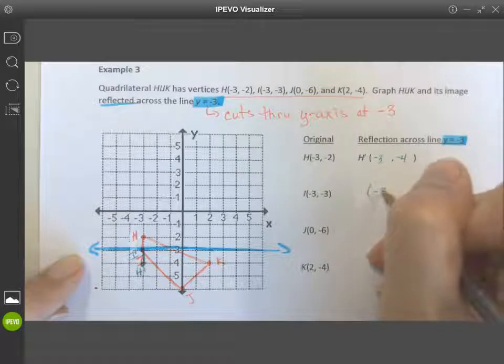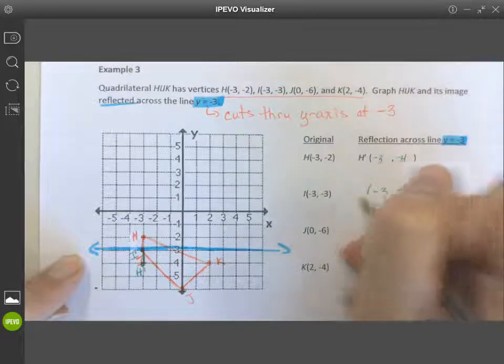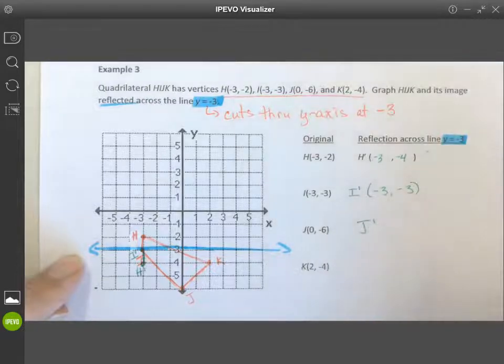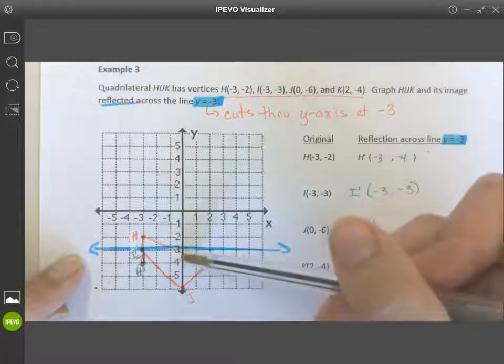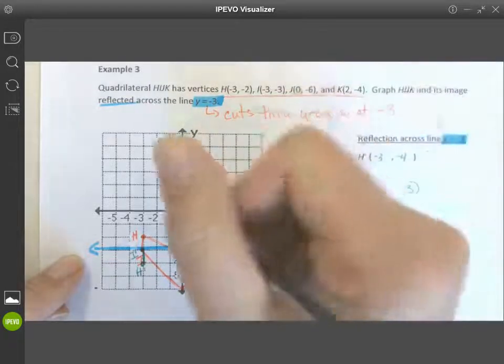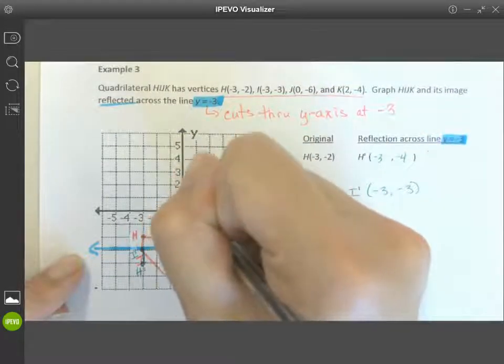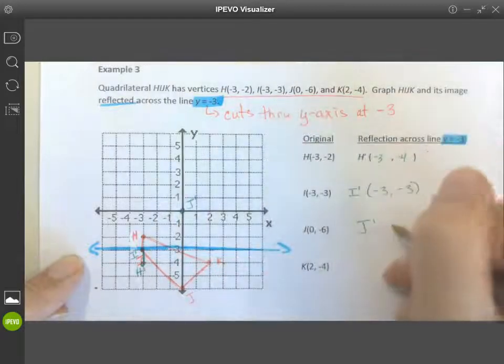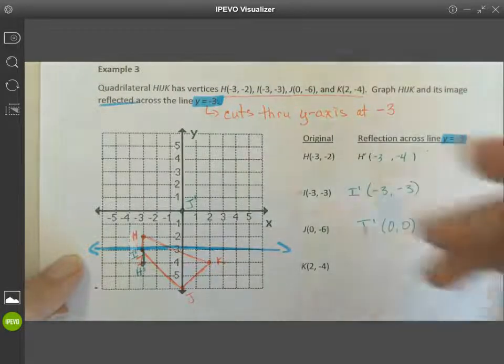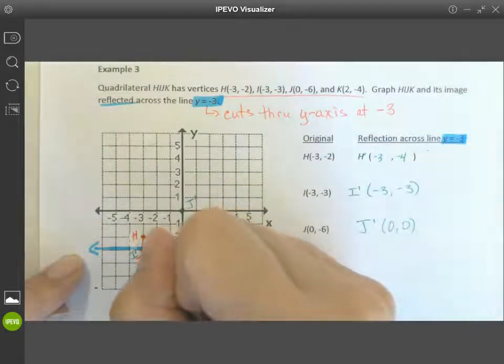So I stays the same. Oh, I almost lost that I prime that I have to write. And then what's J prime? Well, J is 1, 2, 3, 4 units, 3 units below. So now I'm going to go 3 units above. Isn't that 0, 0? What's another name for 0, 0? It's the point of origin. Yep. I know, right? All right, I'm going to connect these.